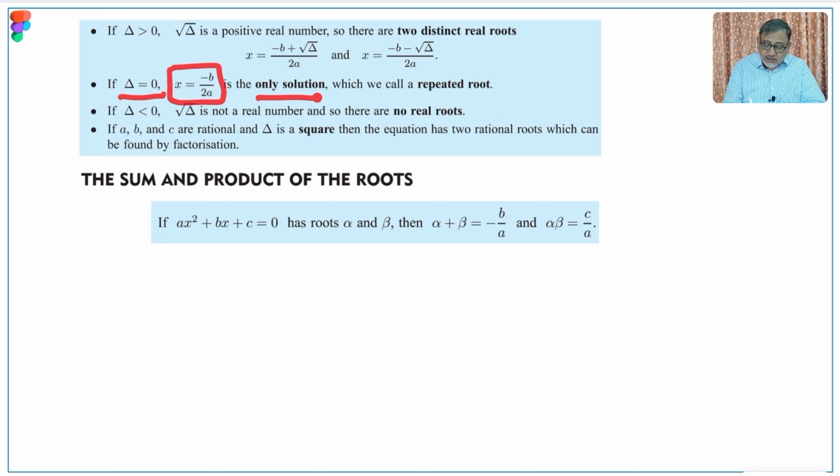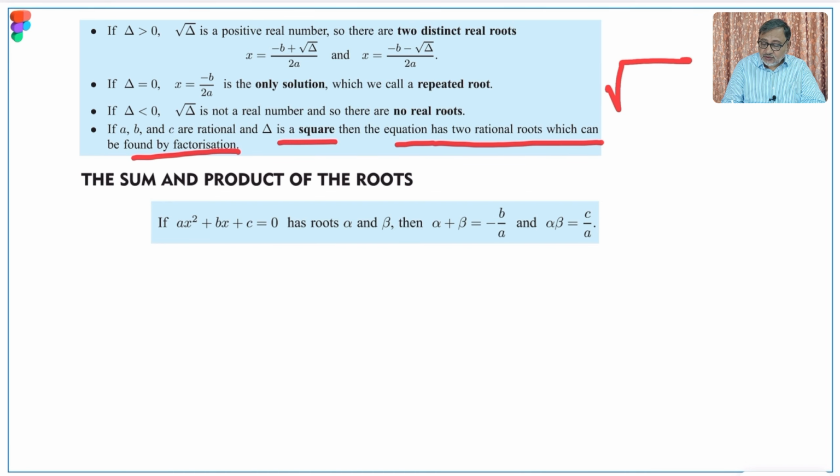This will be the only solution, so we call them repeated roots, because both parts of the curve will touch the x axis. And when delta is less than 0, meaning negative, it will not be a real number, and therefore there will be no real roots. If a, b, c are rational and delta is a perfect square, then the equation has two rational roots which can be found by factorization.